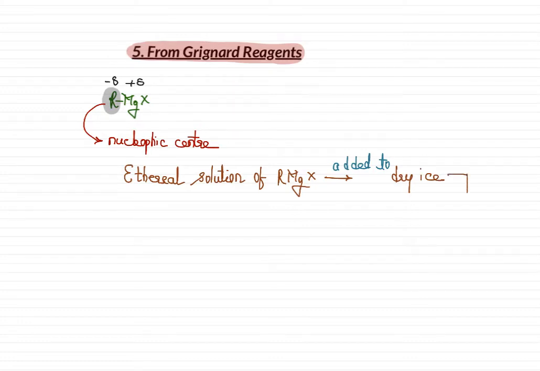This gives us an adduct which, upon acidification, gives us corresponding carboxylic acids. So this is a summary of what we have to do, right?